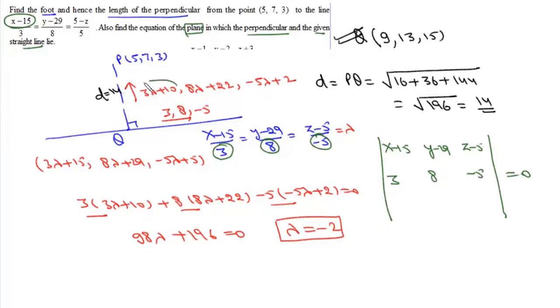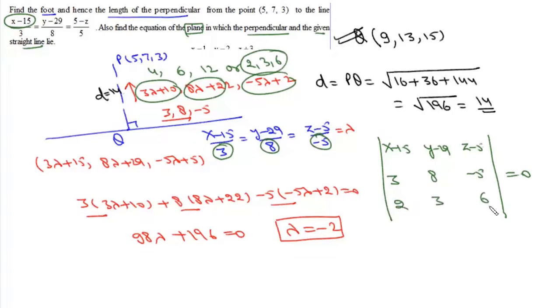And we also have this second perpendicular vector, which if we put lambda is minus 2, it is 4. Now this is 22 minus 16, 6, and then 12. So direction ratios of this line are 4, 6 and 12, or we can write it as 2, 3 and 6.